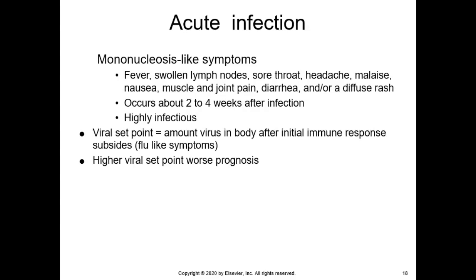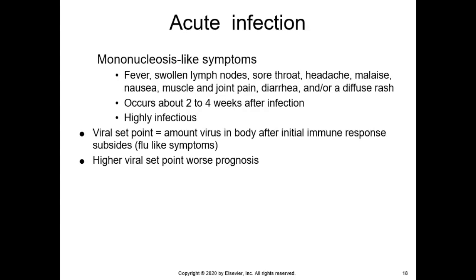At this point, the person's body is making a lot of HIV copies, and the person gets sick as their body starts to fight. The person at this point is very infectious and has a very high viral load.